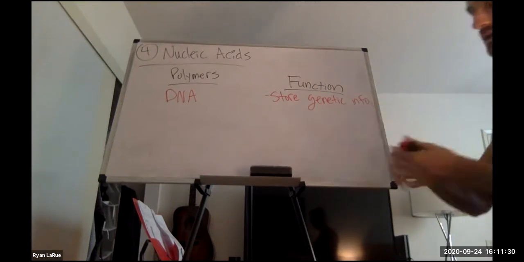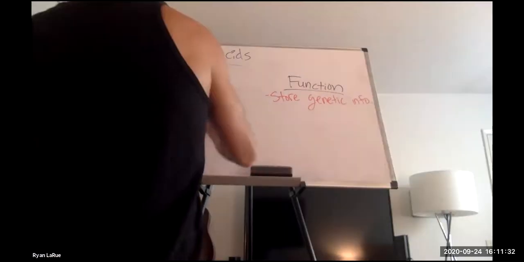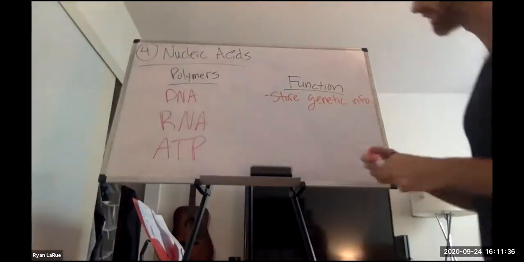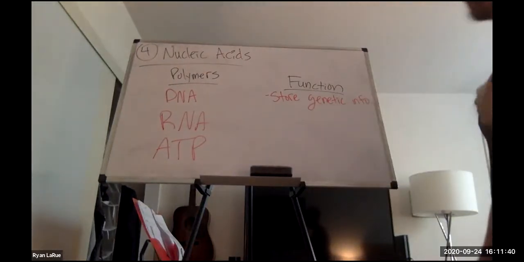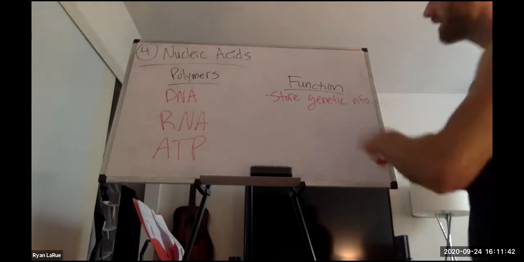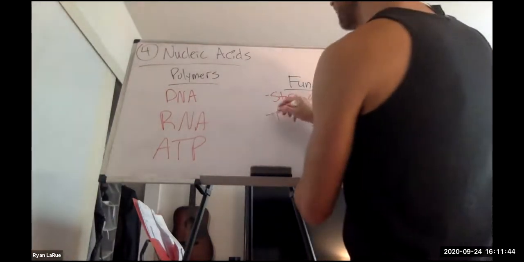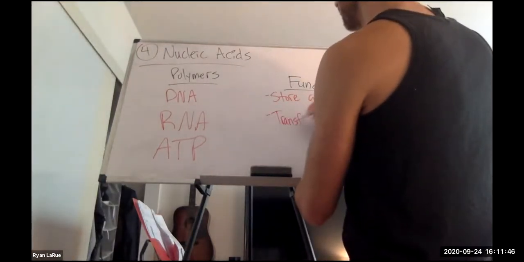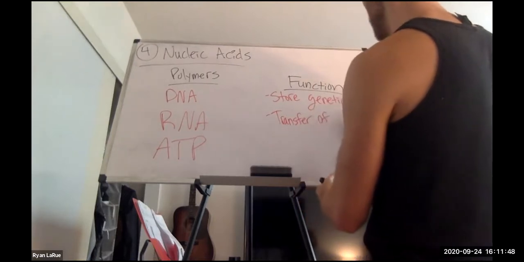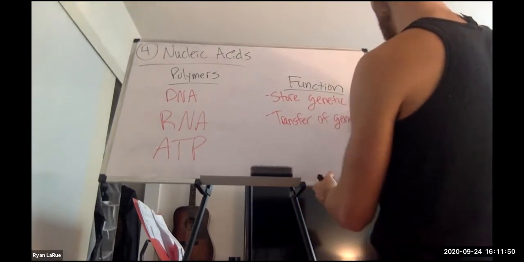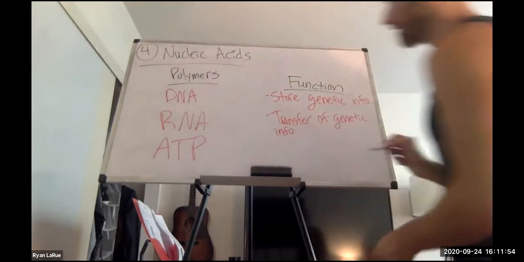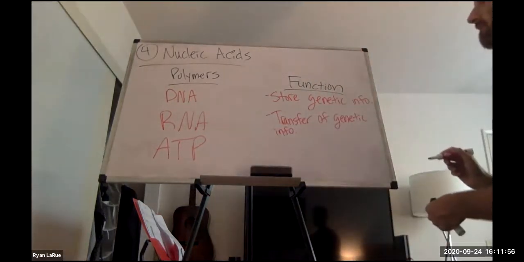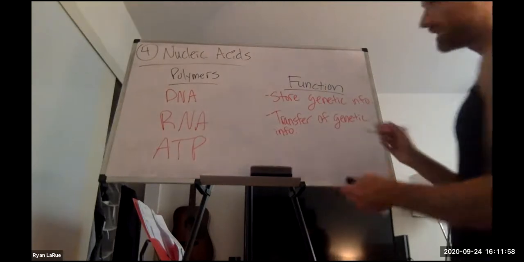what RNA and ATP do in detail. But I do like to include other examples here of nucleic acids. RNA is involved in the transfer of genetic information, and even protein production.